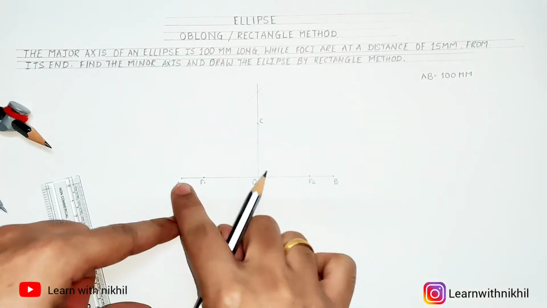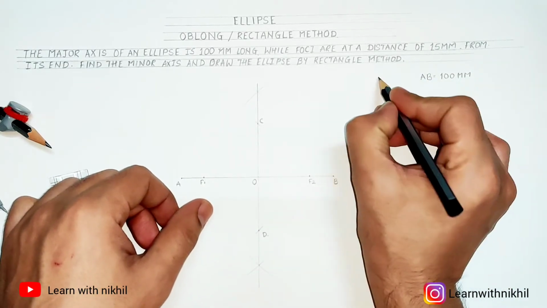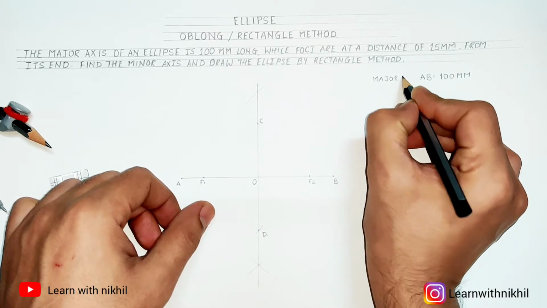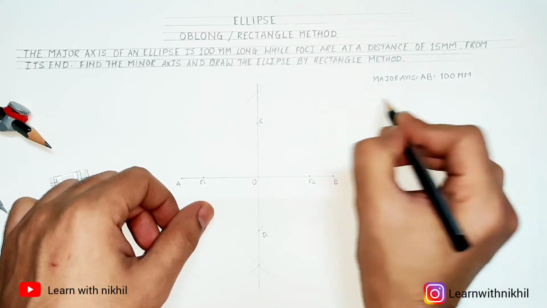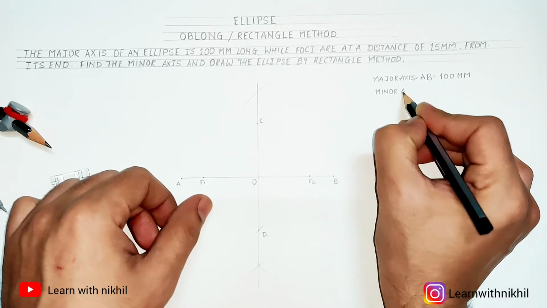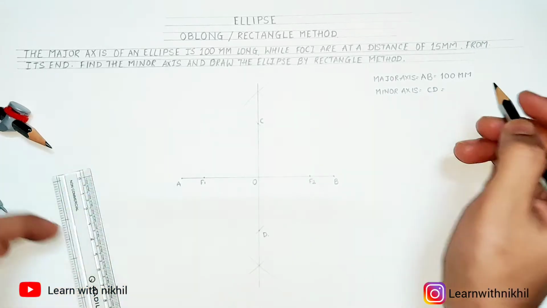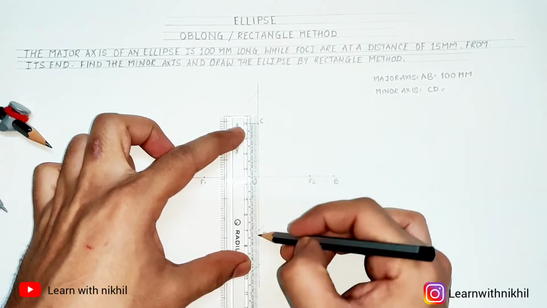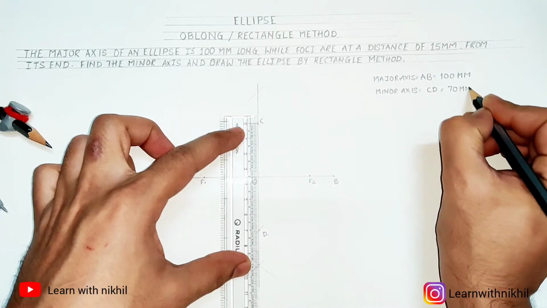So the distance AO will be equal to F1C, equal to F2C, equal to F2D, equal to BO. So major axis is AB, minor axis CD we have to calculate. So we'll just measure the minor axis. So it is 70 millimeter. So our first question is done.